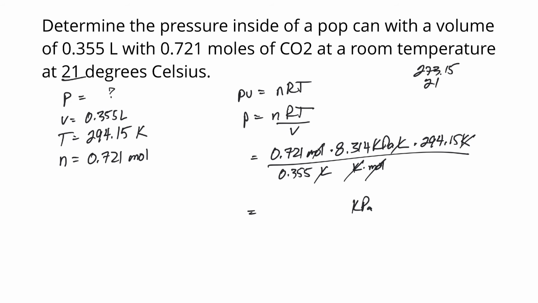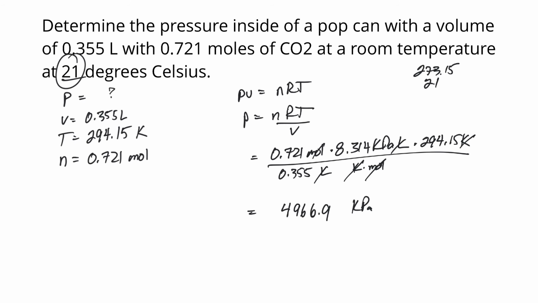Okay, calculator. 0.721 times 8.314 times 294.15 divided by 0.355. So I'm getting 4,966.9 kilopascals. Looks like I gotta go to 2 sig figs.